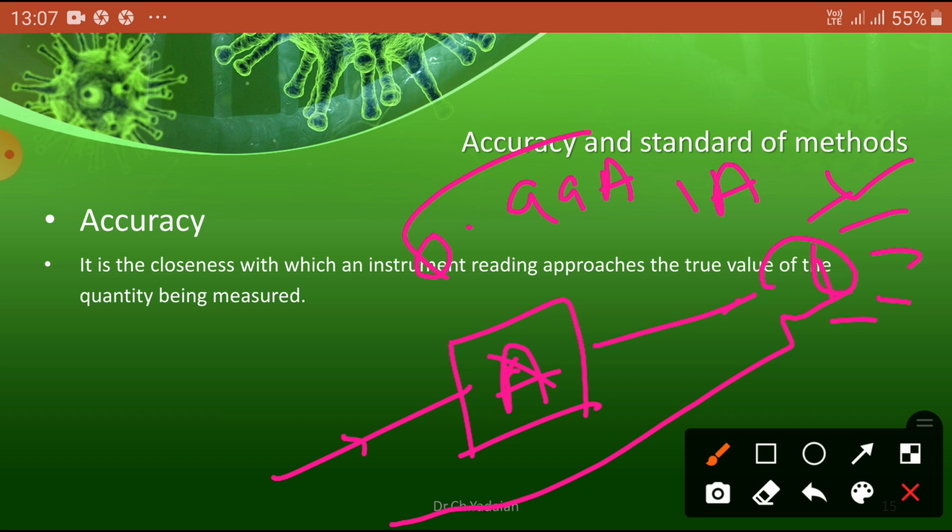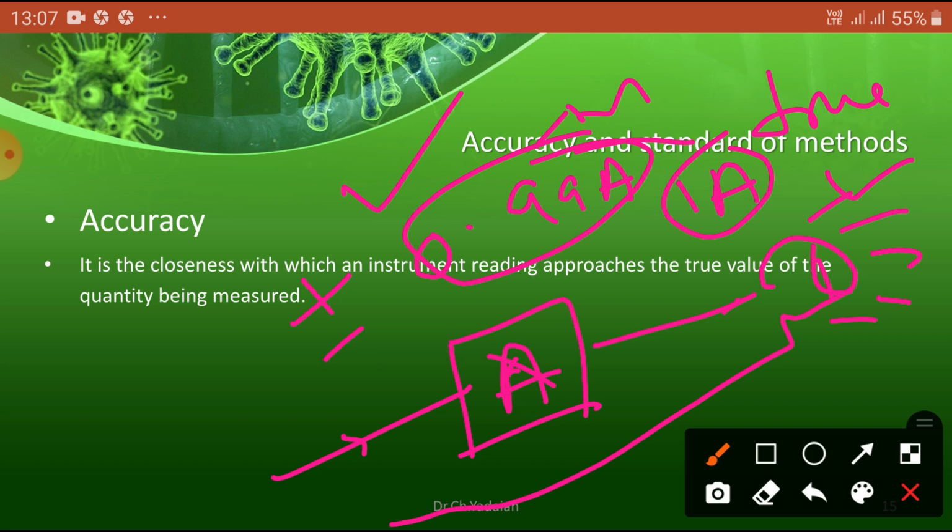That is almost acceptable, plus or minus. Because it cannot show the exact value, this 1 ampere is the true value, and 0.99 is the measured value. The difference between them gives the error, and a correction is required.